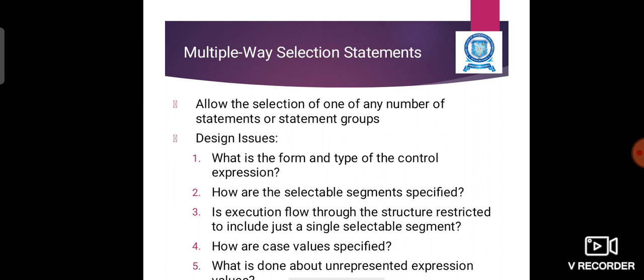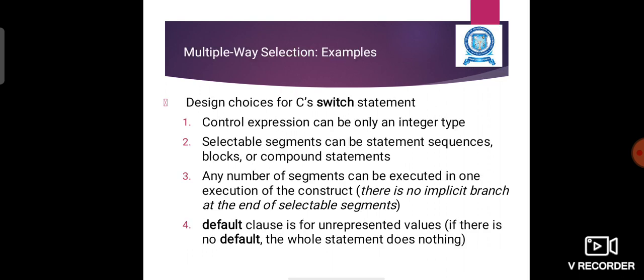Multi-way selection statements allow the selection of one of any number of statements or statement groups. We might have studied the switch case. It is applicable in C, C++, Java and JavaScript. Multi-way selection conditions and the corresponding statements can be defined under the switch case statement.